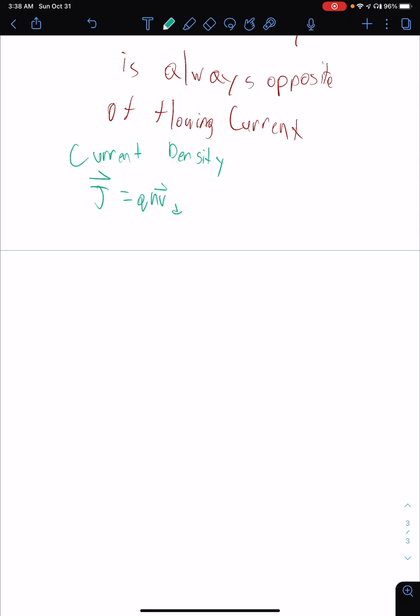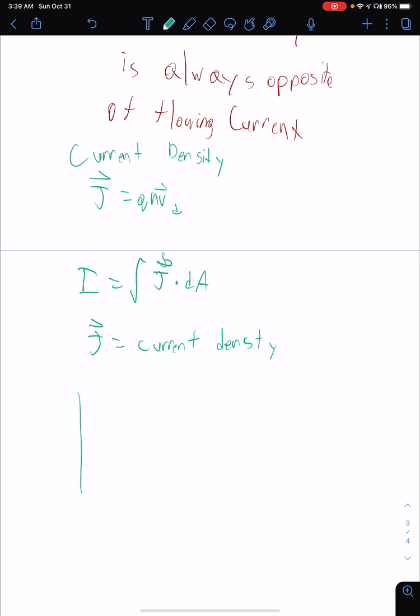This also helps to define what our current is because current is equal to the integral of our current density over our area. If you think about it, that makes sense. If this is our current density on our graph, let's say this is amps over its area, so meters squared, and this is meters.